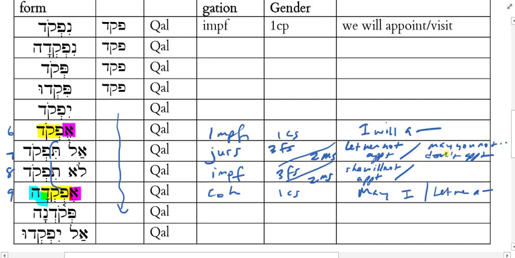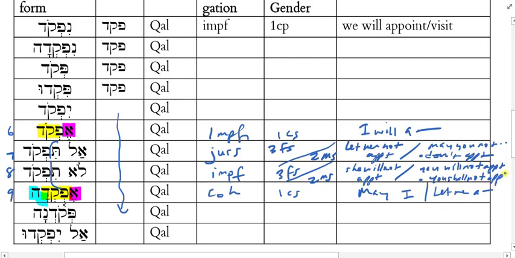And then if it's 2ms imperfect with lo in front of it, that's right. It could be either you will not appoint as a matter of fact, right? But then getting back to comparing it with the do not or don't appoint, if it's a prohibition using the imperfect, we might say something like you shall not appoint.